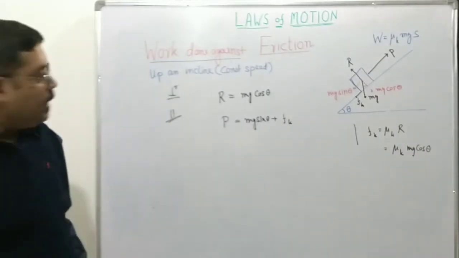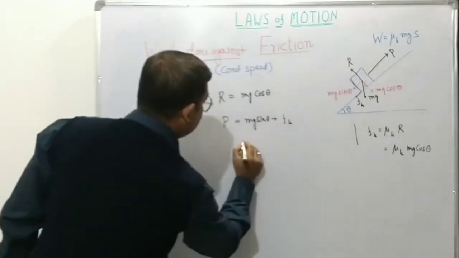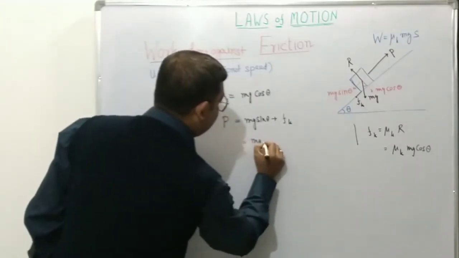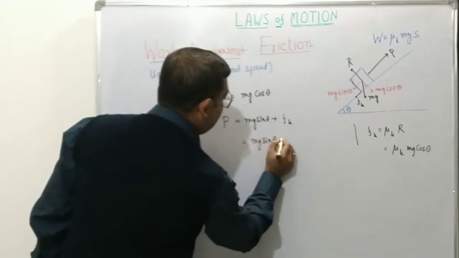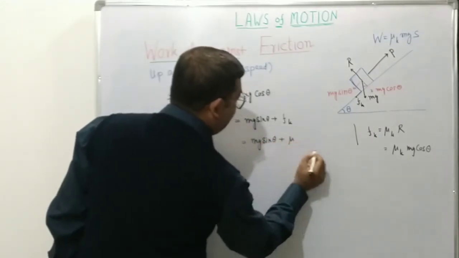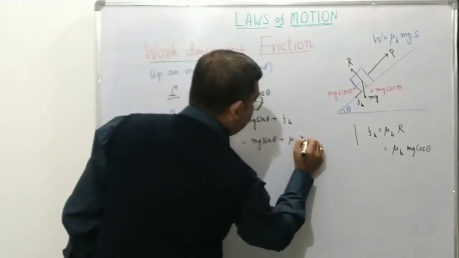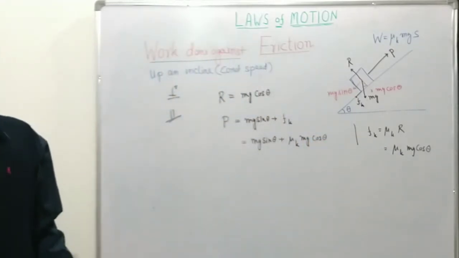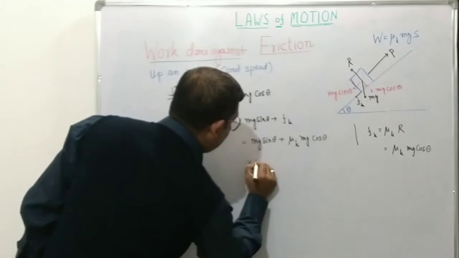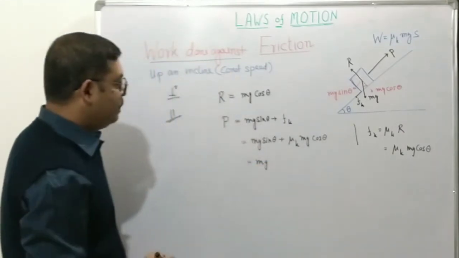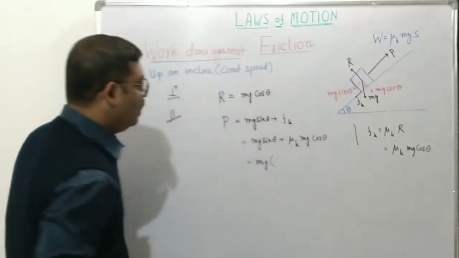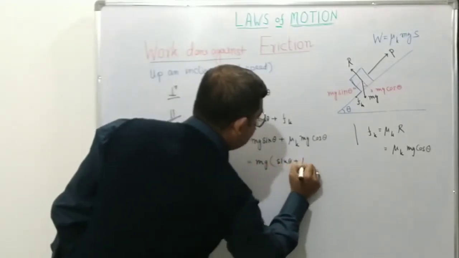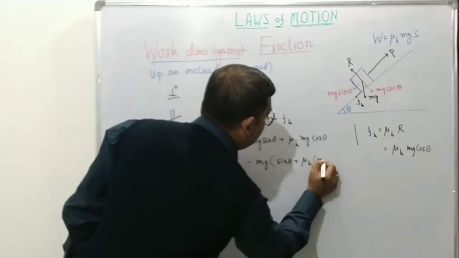Which means the net upward force that needs to be applied equals mg sin theta plus Fk, that is mu k mg cos theta, or we can say mg (sin theta plus mu k cos theta).